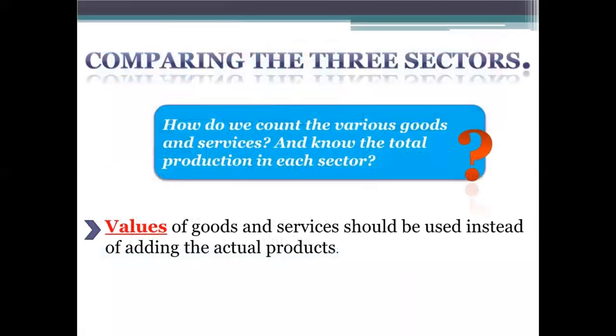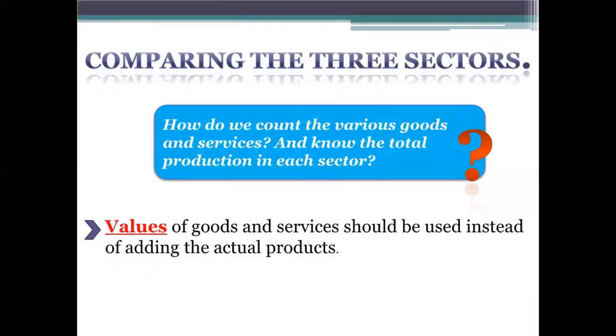Moving on, I want to speak about comparing these three sectors. The various production activities in primary, secondary, and tertiary sectors produce a large number of goods and services. Now we have to see how much of such goods and services are produced and how many people work in each sector.